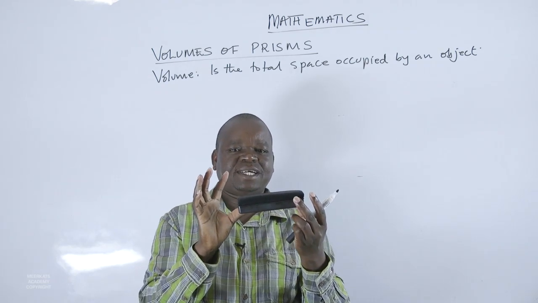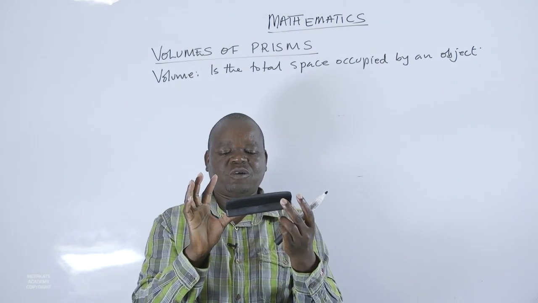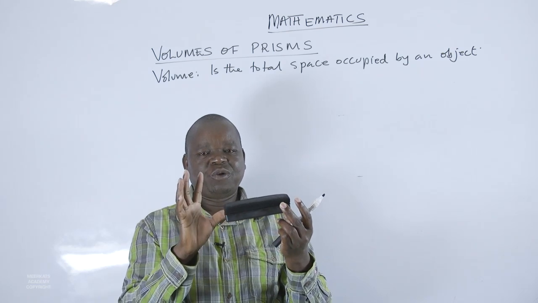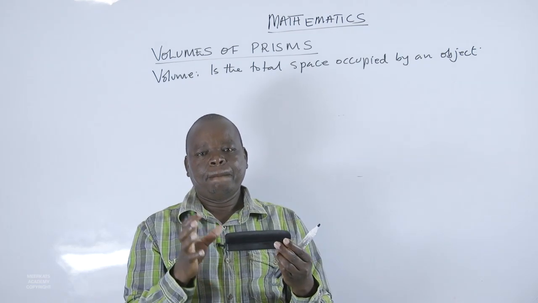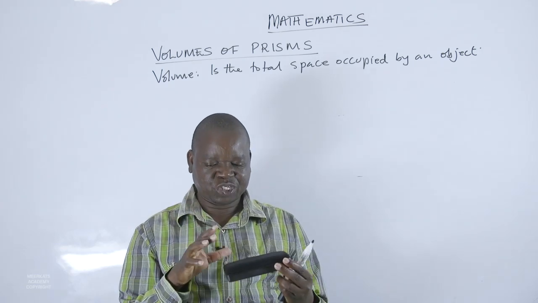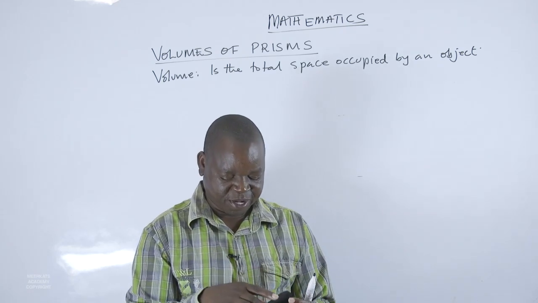So we want to look at examples of three-dimensional figures and the formula for calculating their volume. And volume is basically multiplication of the three dimensions that we have in that particular object. So we multiply length, we multiply width, and we multiply height.